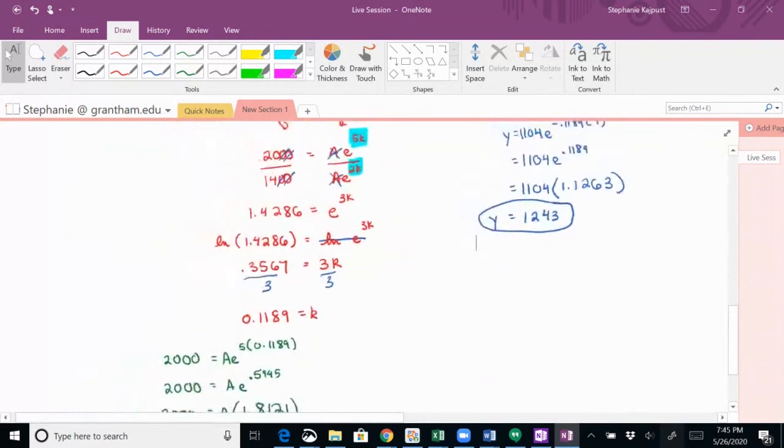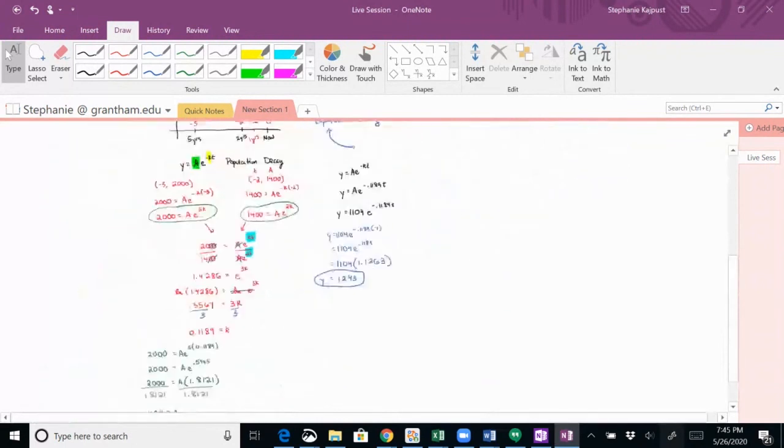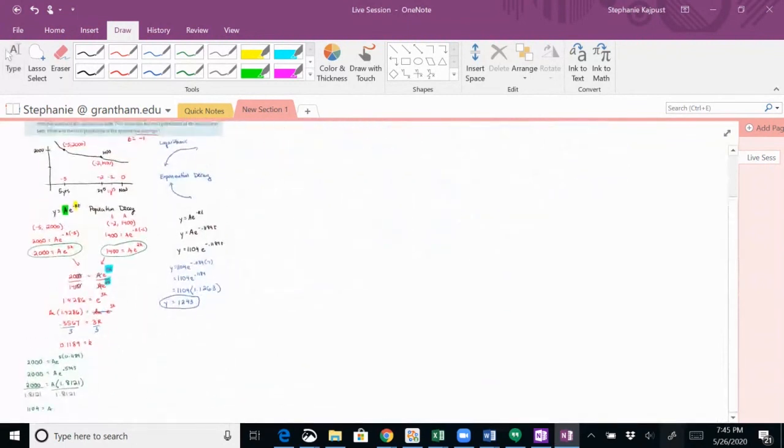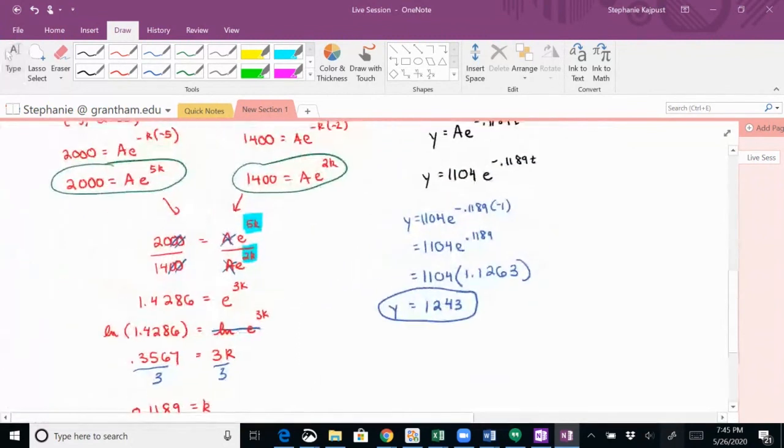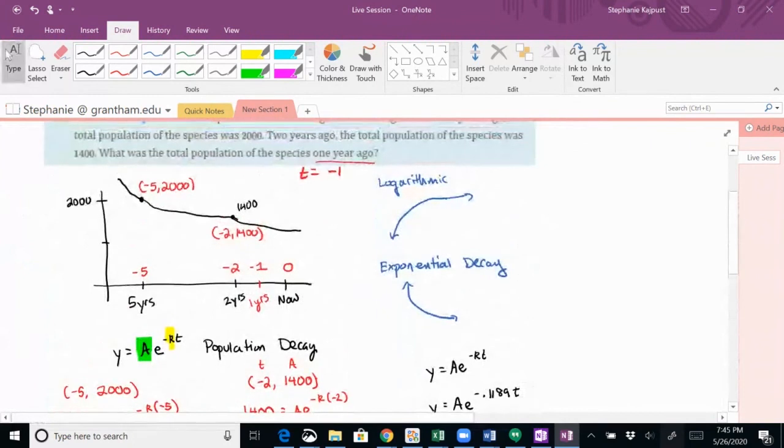So I'm going to just zoom out so you can see all of these steps at once. I know it's going to be really small because I'm zoomed out. Maybe that doesn't work so well. So the first step of the process was to determine what kind of model we're dealing with, and we determined that this would be exponential decay. Then we had to figure out how we were going to label our x values or our t values, the inputs.